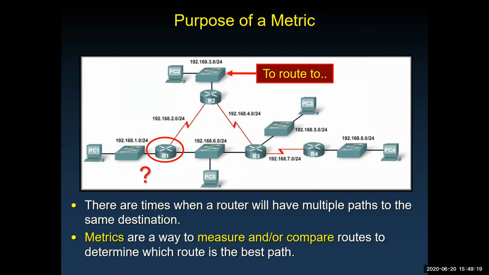The one with the fewer hops. From R1, 1 hop to here. So the one with fewer hops is R1 to R2. Correct. That's the green one.